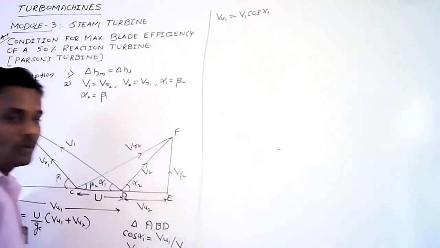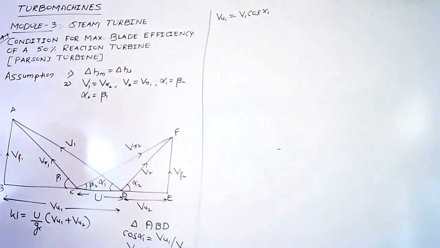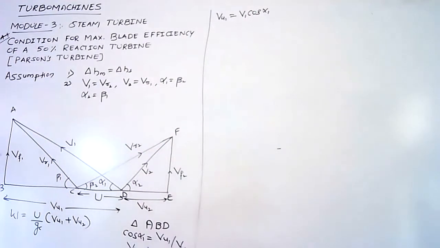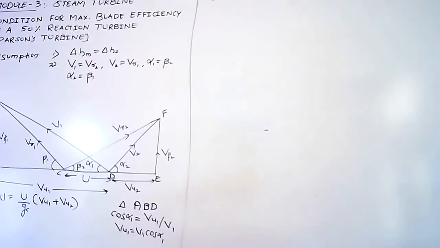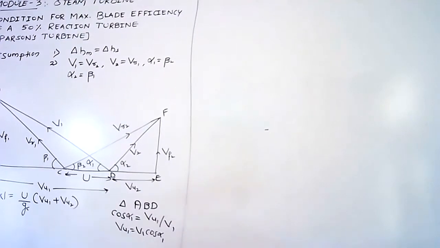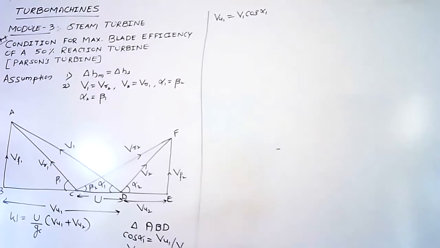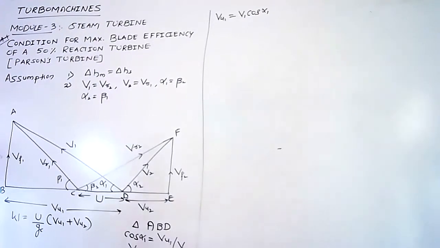You can see here, Vu1 equals V1 cos alpha 1. Therefore, I can write Vu1 equals V1 cos alpha 1 here.